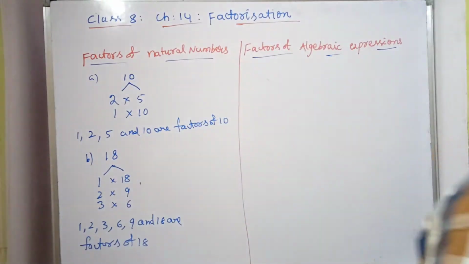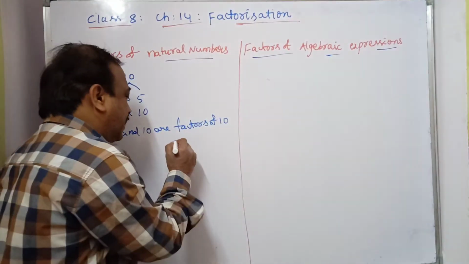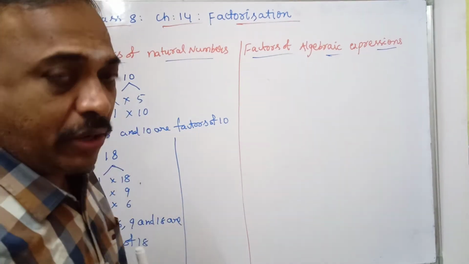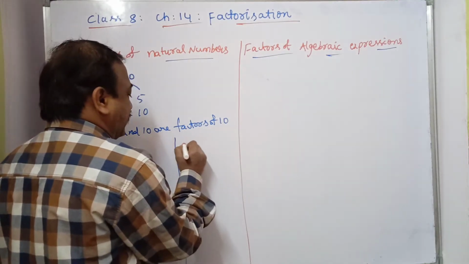Later on we extended this to finding prime factors. What are the prime factors? There must be only prime numbers.